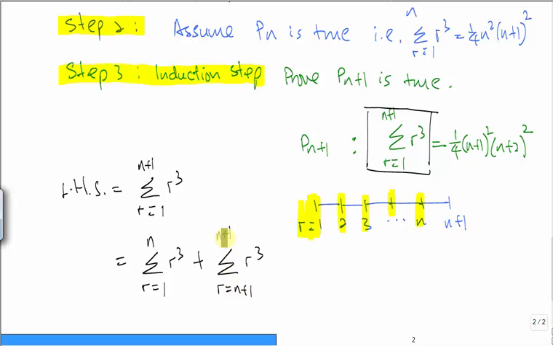We start from n plus 1 and stop at n plus 1, which is this last term here.